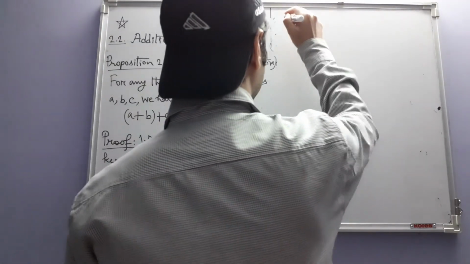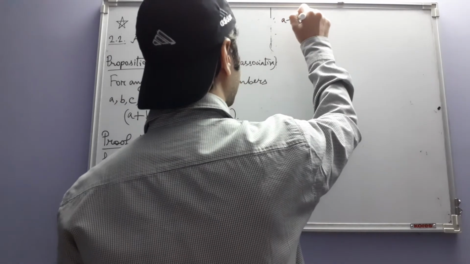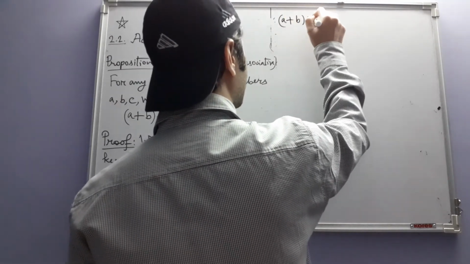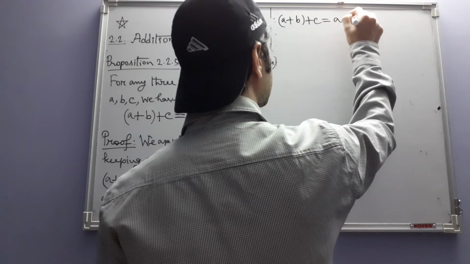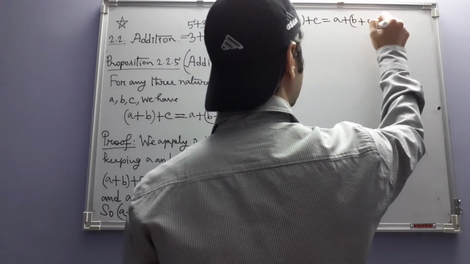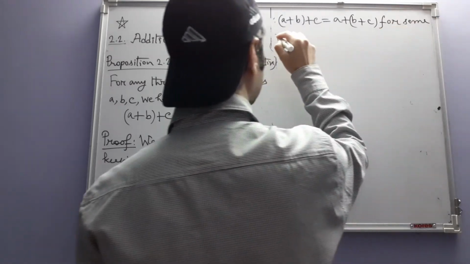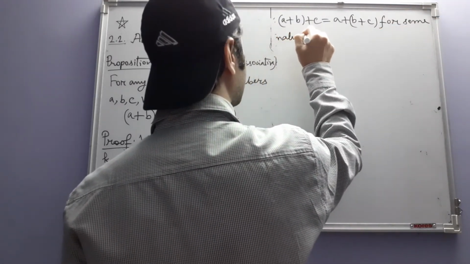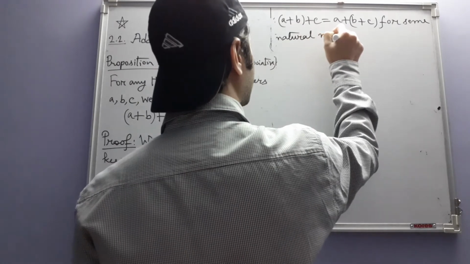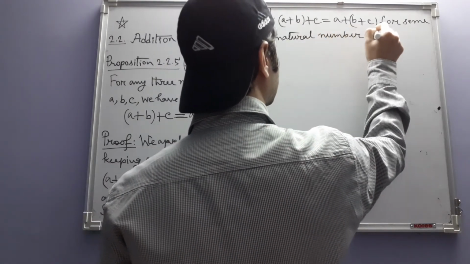Next, assume (a + b) + c is equal to a + (b + c) for some natural number c.